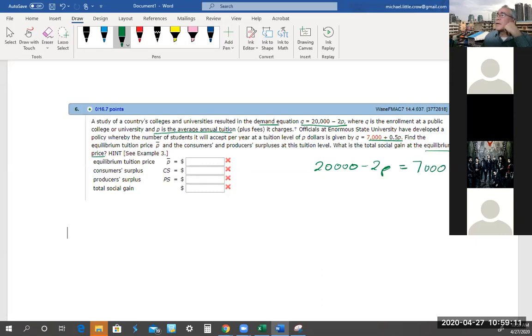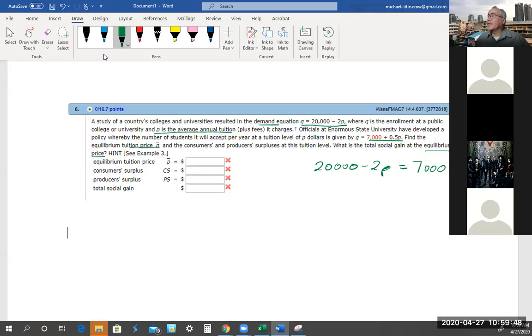I used the calculator for this, and then I found the intersection. The intersection is the equilibrium price, correct? Right. So we need to solve this equation, and it can be done by graphing and finding what P value gives us this intersection. Once you get that, that's what P bar is. That's the tuition price where supply and demand are equal.